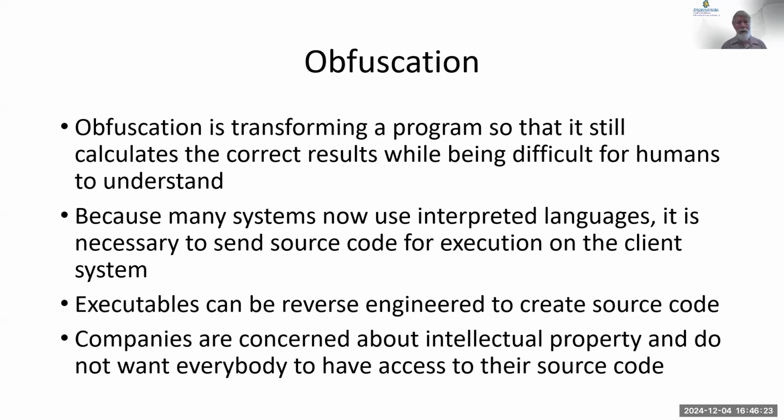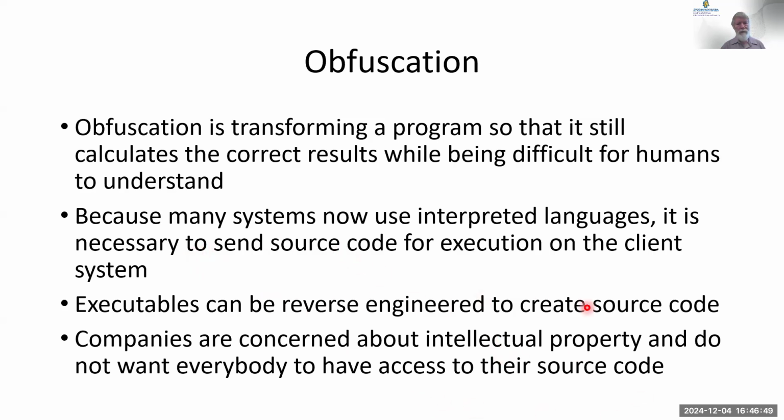There are things you can do about that. There's obfuscation. Obfuscation is rearranging the source code of the language so it's difficult for humans to understand. It still executes in the same way, or produces the same results as the original, but it's hard for humans to understand. They use different techniques, and I'll go over what they do.